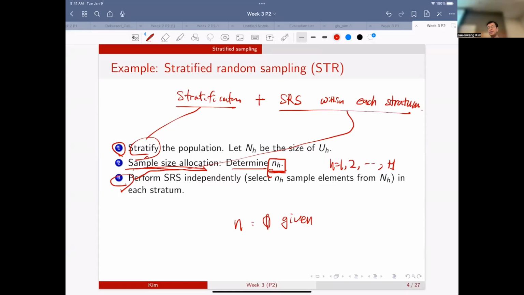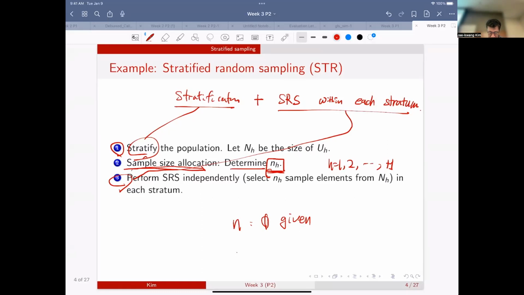But what we don't know is how to allocate. So n is given, but n_1 through n_H are to be determined. That is the sample size allocation problem.